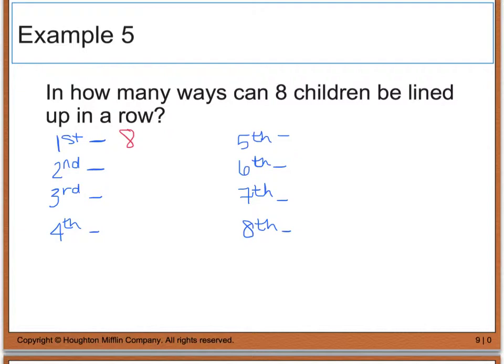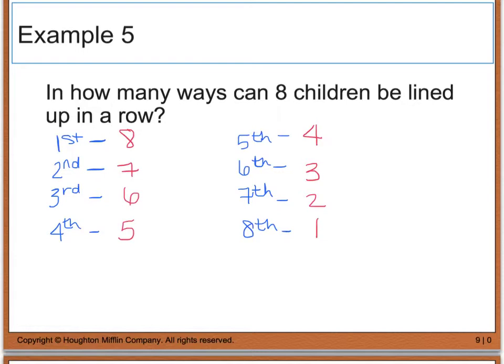When I go to select the second child, I now have 7 children to choose from. When I get to the third spot, I've got 6 children to choose from. When I select my fourth child, I now have 5 children to choose from. And this is going to continue on. So the 5th spot means I have 4 children left. The 6th spot means I have 3. 7th spot means that there are 2 children left. And then when I get down to the 8th child, there's just 1 left.